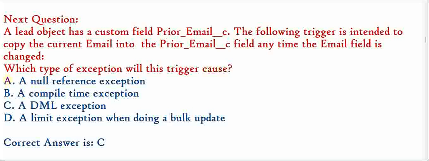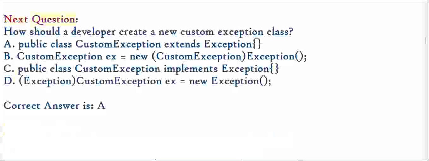A. A null reference exception. B. A compile time exception. C. A DML exception. D. A limit exception when doing a bulk update. Correct answer is C.